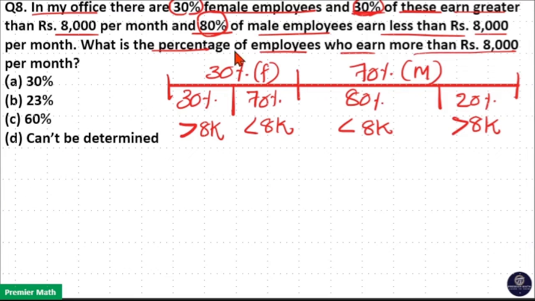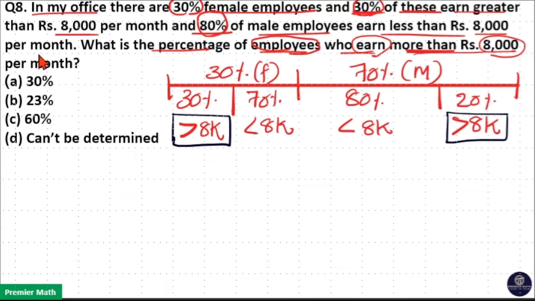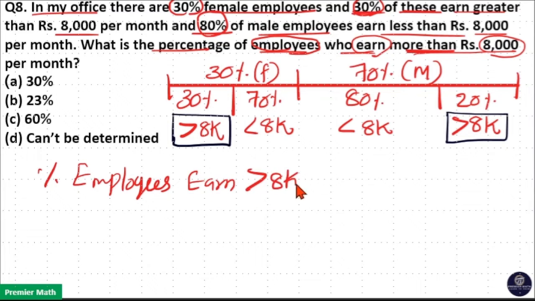So we need to find out the percentage of employees who earn more than rupees 8,000. That is, more than means this one is more than, this one is more than. That is, percentage of employees who earn more than 8,000 rupees per month is 30% of 30% plus 70% of 20%.